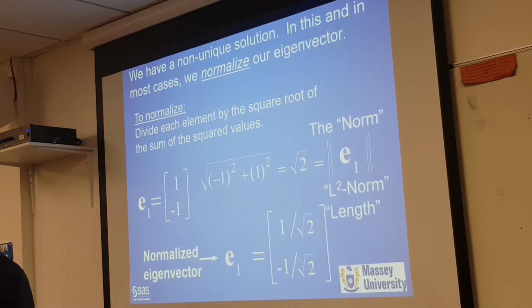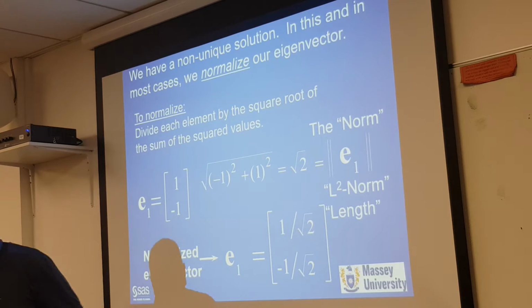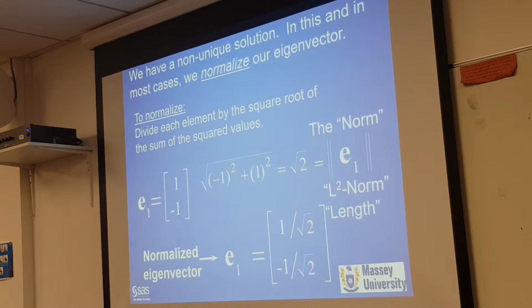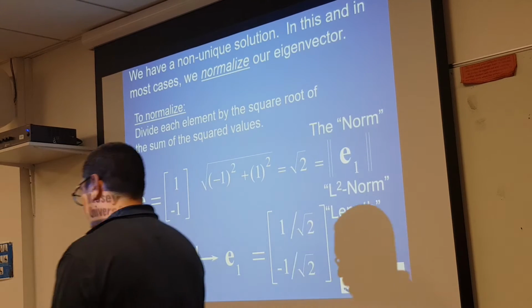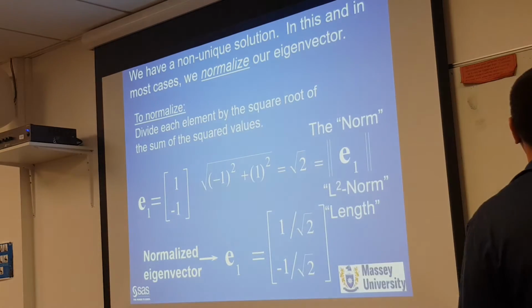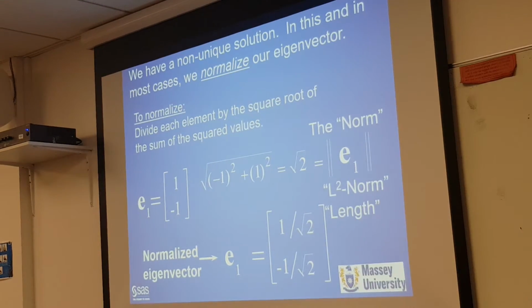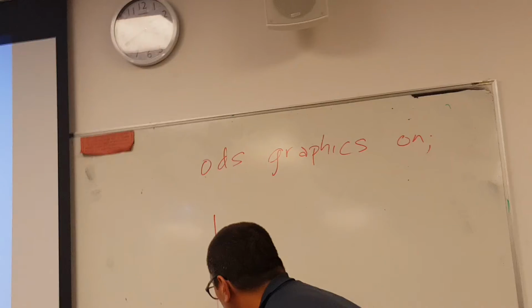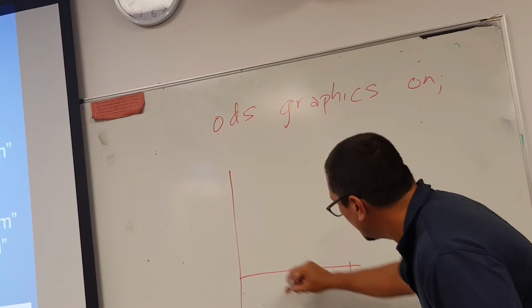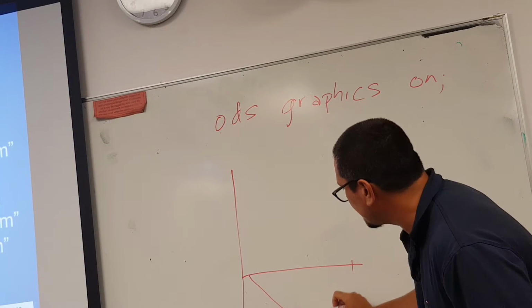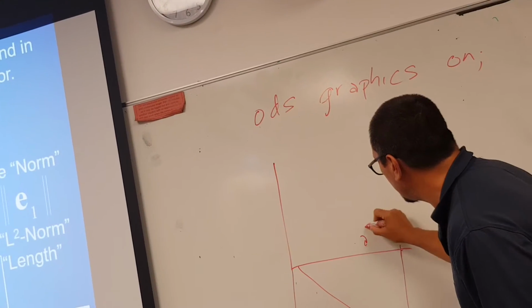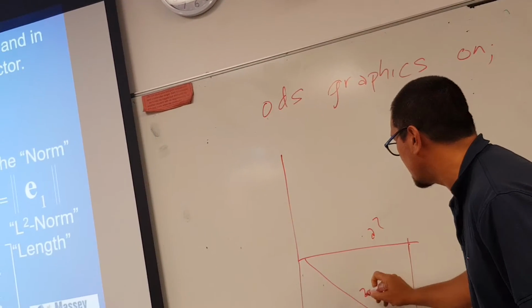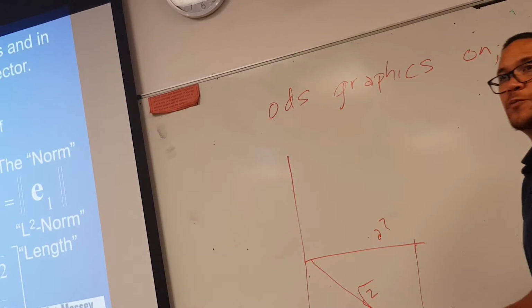So remember, this was my eigenvector. It was 1, negative 1. So 1, and then negative 1 here. What's that distance? Well, 1 unit, 1 unit. Remember Pythagoras' theorem? A squared plus b squared equals c squared. So that turns out to be a distance of square root of 2.